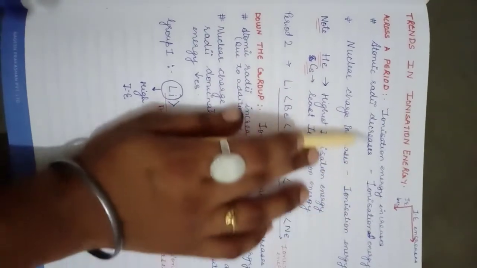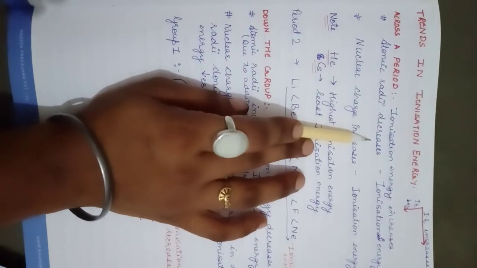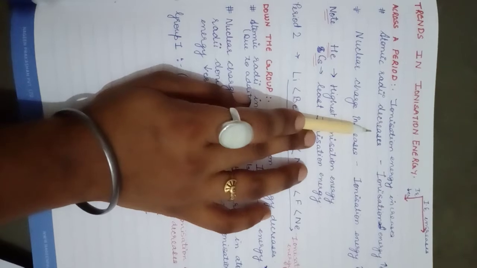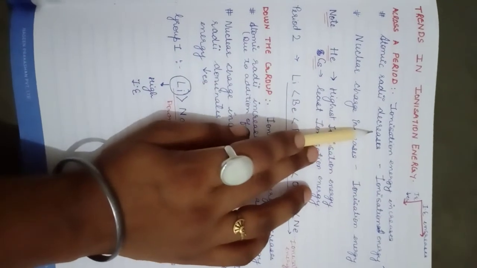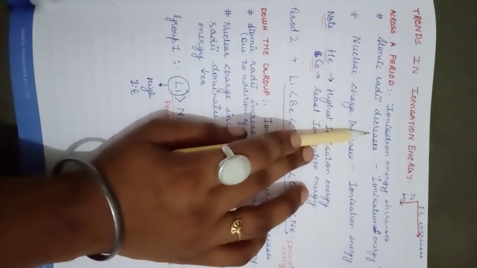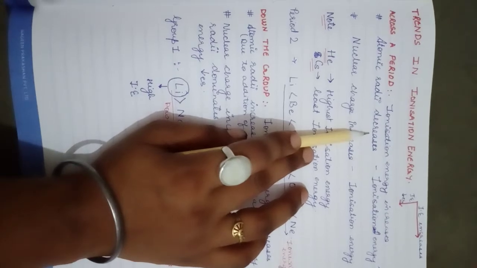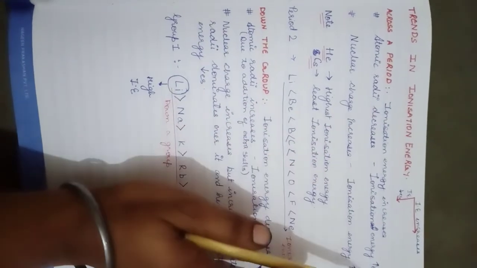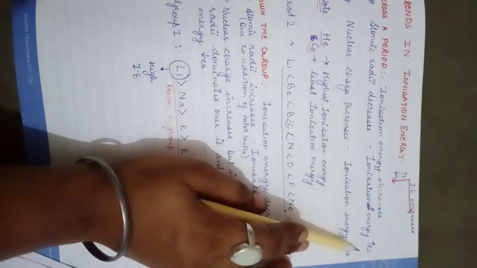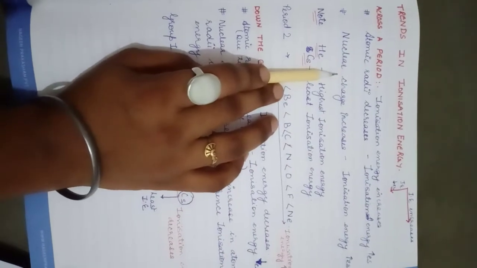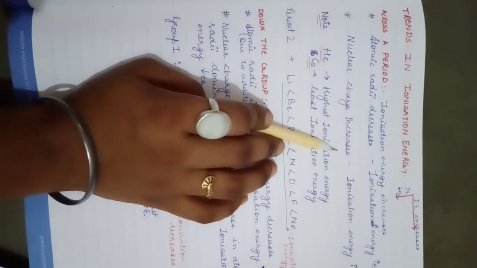Now what is the reason? The atomic radii decreases across the period. Children, we have already seen that across the period atomic radii decreases. Hence, the decrease in the atomic radii will bring the electrons more attracted towards the nucleus, which will be difficult to remove, hence the ionization energy will be higher. Next factor, nuclear charge across the period also increases.